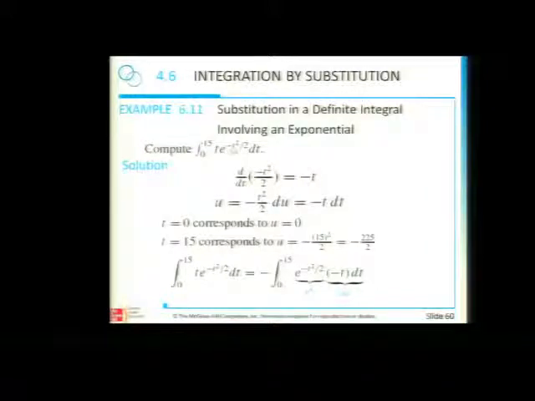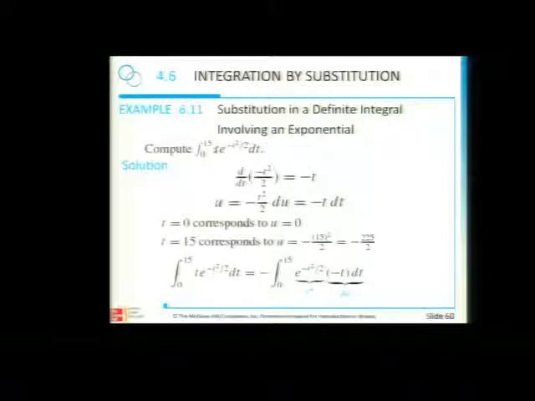t times e to the power minus t squared over 2. I think these are the last two slides.